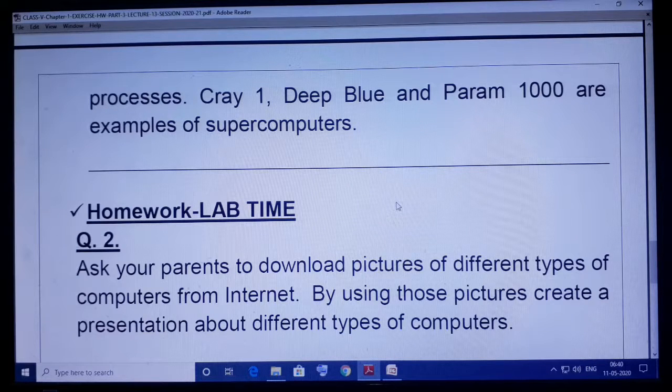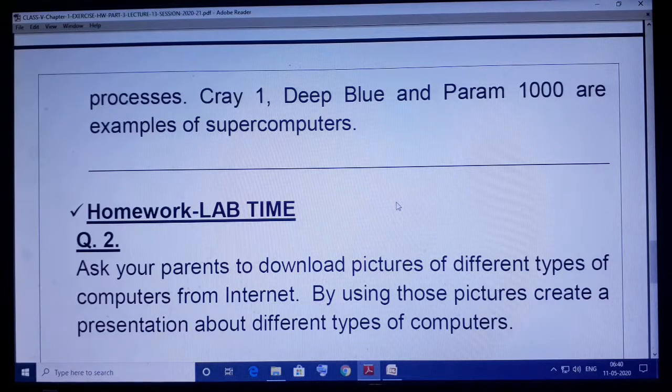In that way, just download one picture for each type of computer and then create a presentation. Here we have 4 types of computers: microcomputer, mainframe computer, minicomputer and supercomputer.